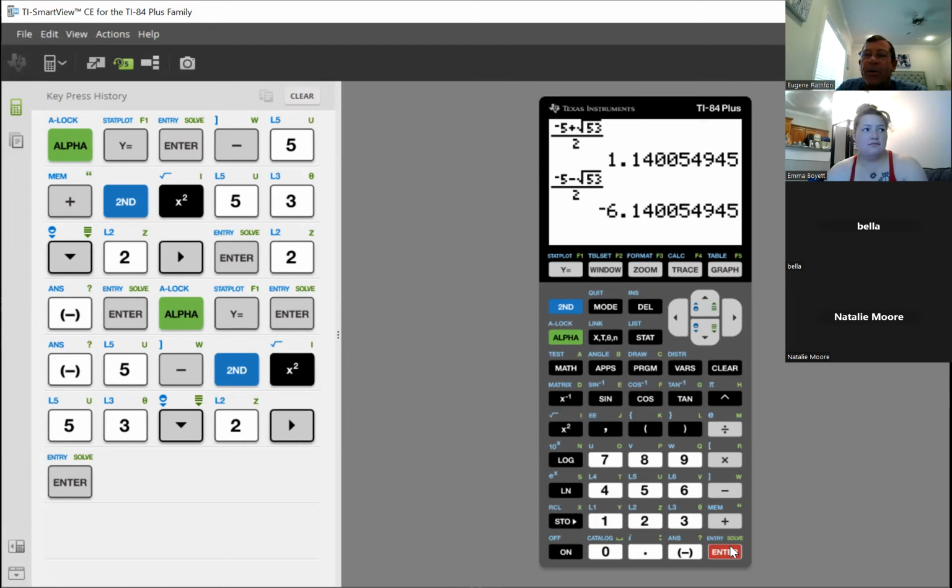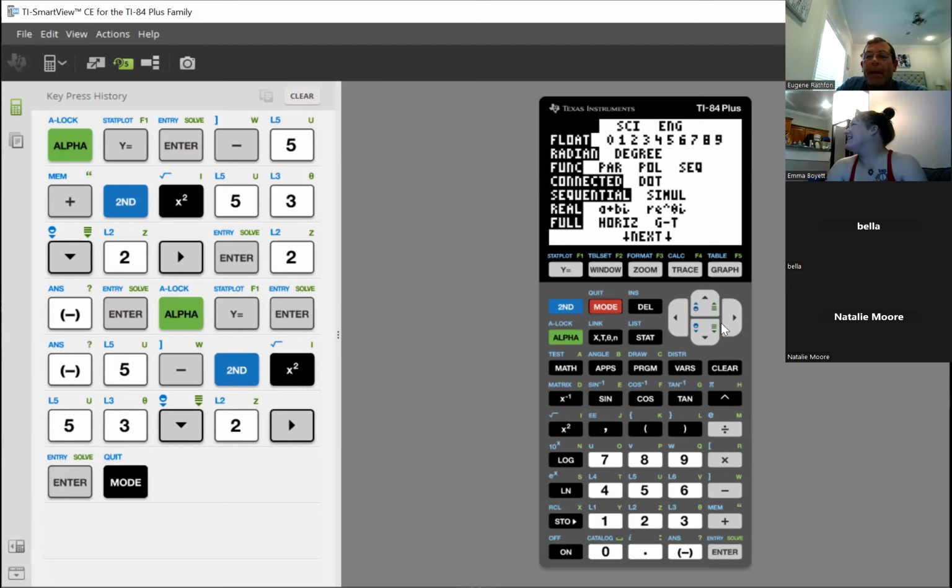But y'all, if you want to, let me show y'all a little trick. If you sort of suck at rounding numbers, watch this. I'm going to hit the mode button and arrow down to where it says float. Float means it's going to put all the decimal places. But if I'm going to round to 3 decimal places, I can click on the 3 and hit enter.